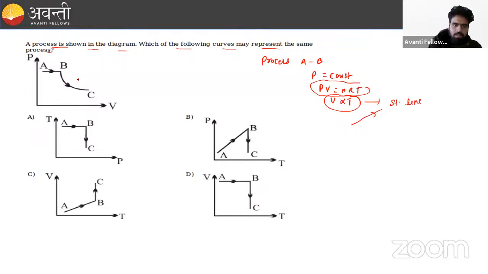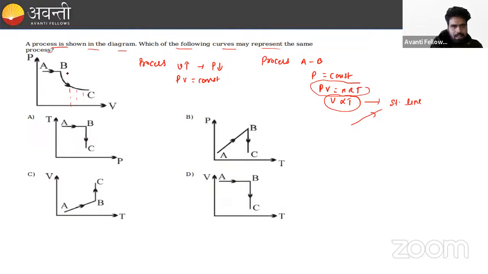Let's see the process BC. In process BC, what is going on? As we increase the volume, pressure decreases. In such a process, where pressure and volume are inversely proportional to each other, PV equals constant, and in this type of process temperature is constant.